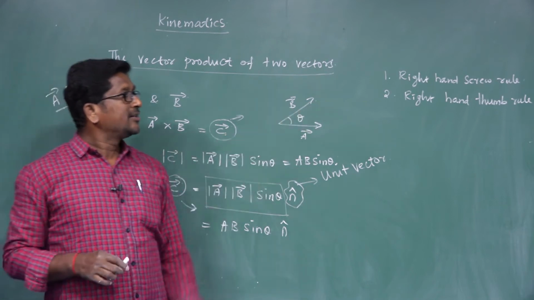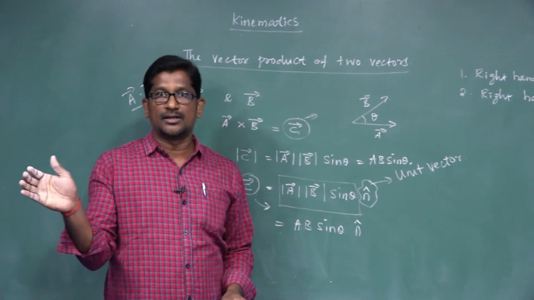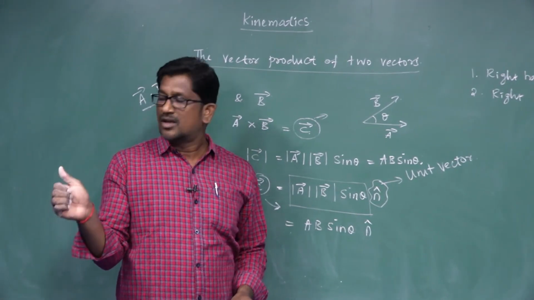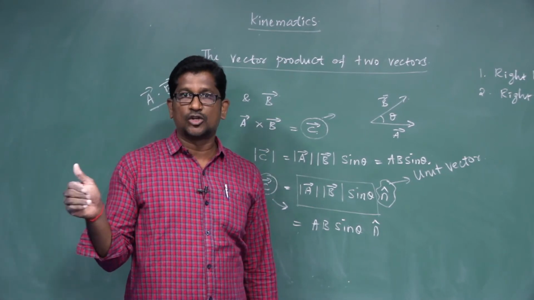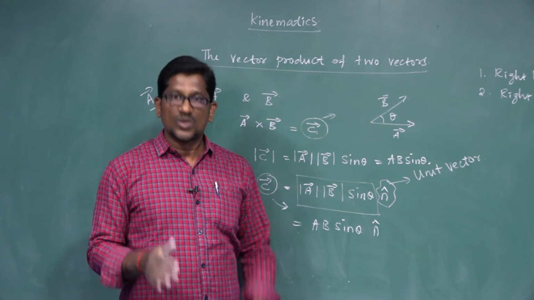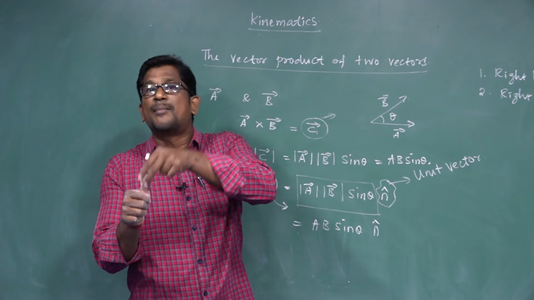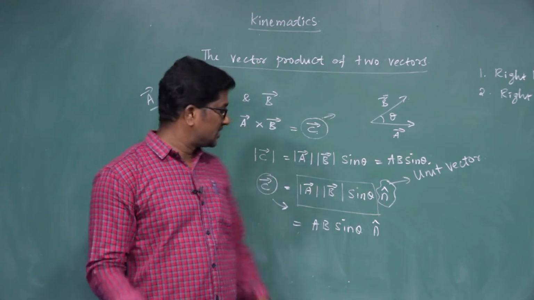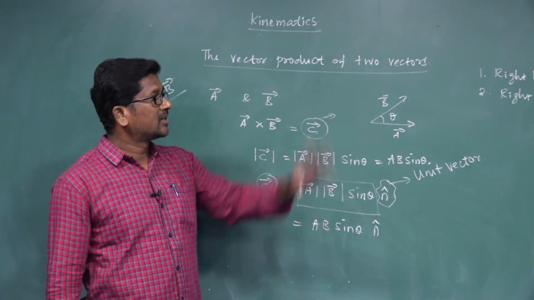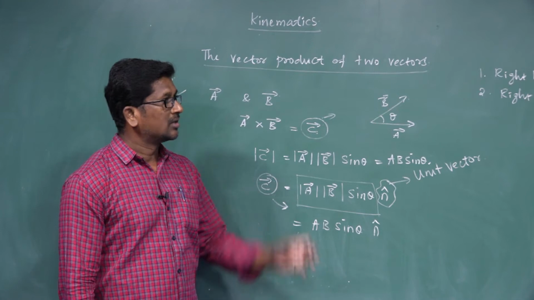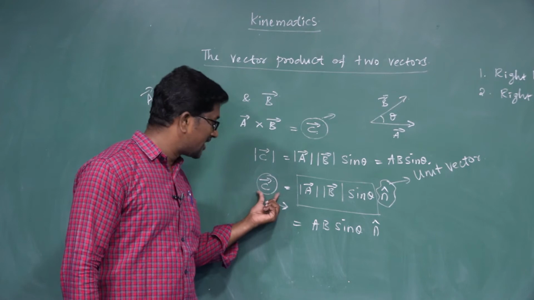And according to the right hand thumb rule, if we curl the fingers of the right hand from the direction of A vector to B vector through a small angle, in such a way that the extended thumb represents the direction of C vector or the direction of the resultant quantity. So right hand screw rule and right hand thumb rule are the two important rules used to determine the direction of C vector.